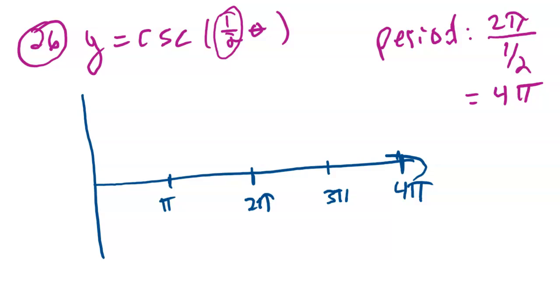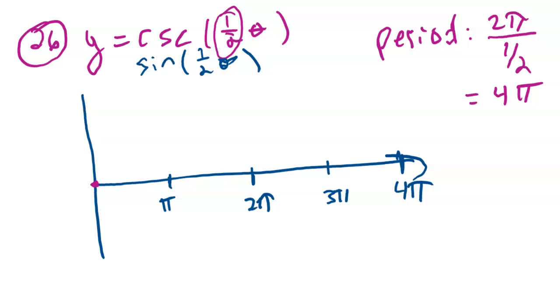You know what might be even easier is if you actually draw the corresponding trig function. So I'm going to draw the sine of 1/2 theta, and I think it's going to be easier. You don't have to refer to the unit circle anymore. Watch, I'll show you. If I plug 0 in there, 1/2 times 0 is 0.